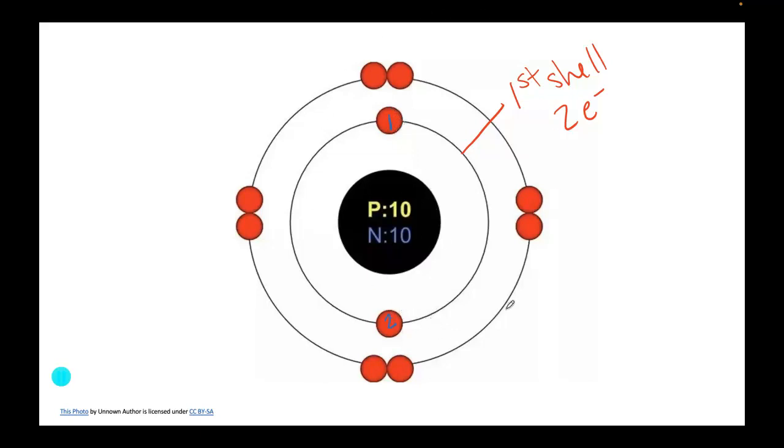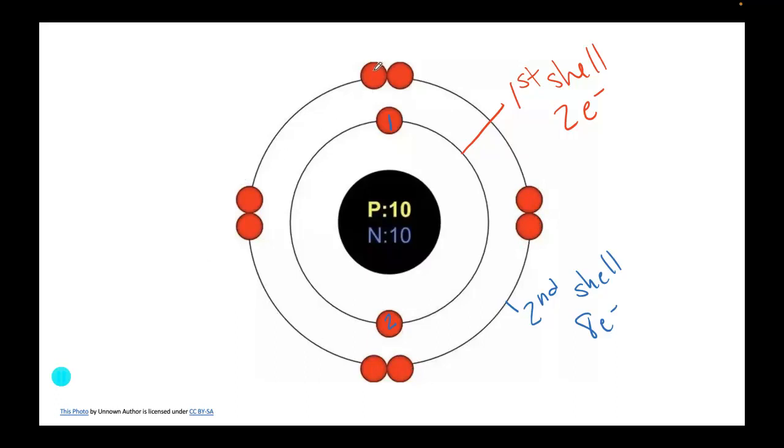Then when we go out to the second shell, that's this one here, so this would be our second shell or energy level. We can have 8 electrons. And we draw these a certain way. We're going to go around the circle twice. We do it this way and pair them up, so it's a little bit easier to count if we were double checking our work.